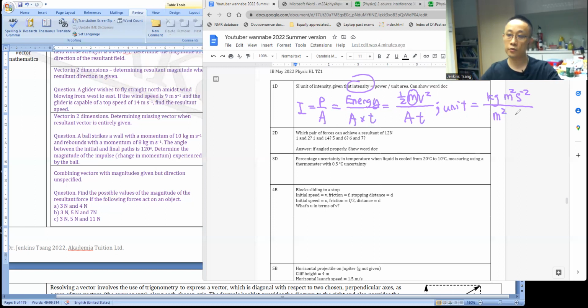Area itself is m squared, and the time is s. And then you can just clean up the units, recognizing that the meters actually cancel perfectly. The times s to the negative 2 divided by s is s to the negative 3. As a result, D would be the correct answer.